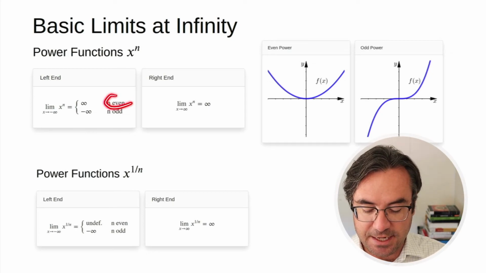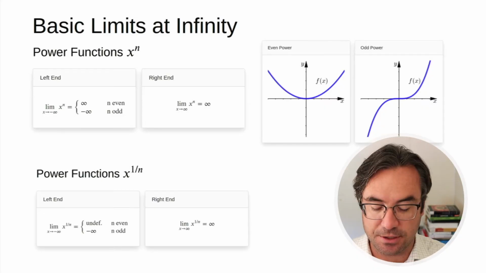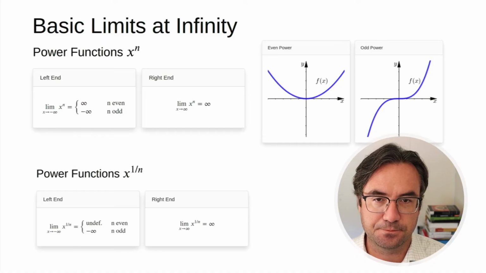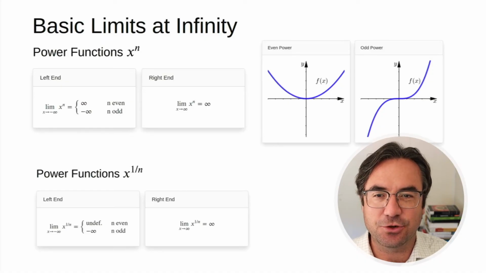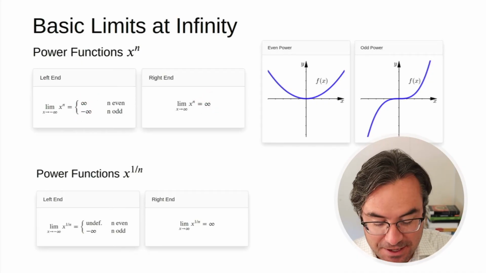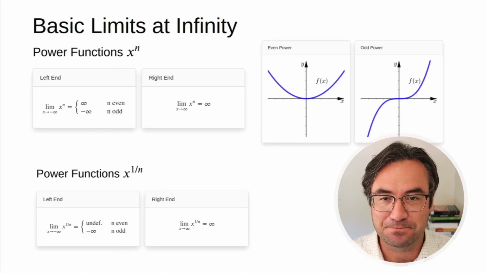So when n is even, if we go in the negative infinity direction, the output of our function goes to infinity. So again, it's kind of tricky. These infinities are talking about the output of our function. These infinities are talking about the input of our function.